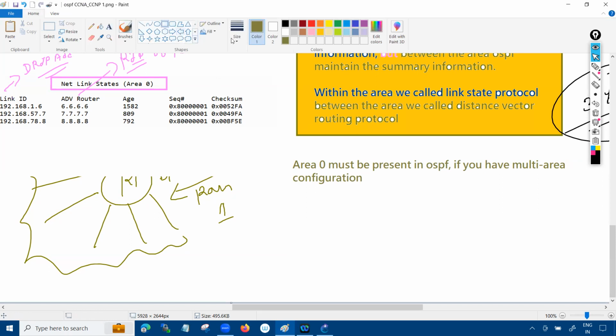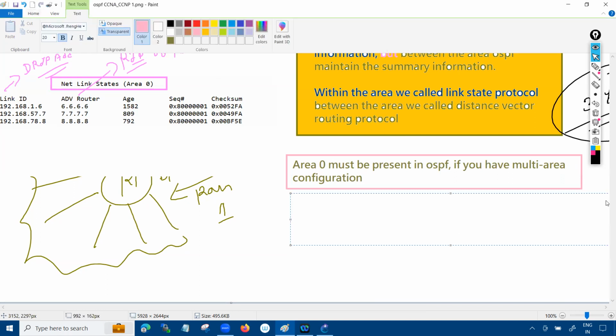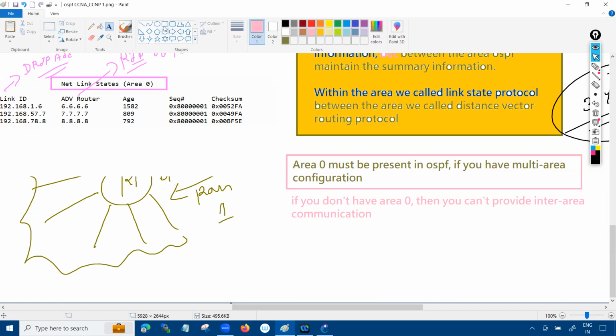If you don't have area 0, then you cannot provide inter-area communication. So it must be there. It's a mandatory part.